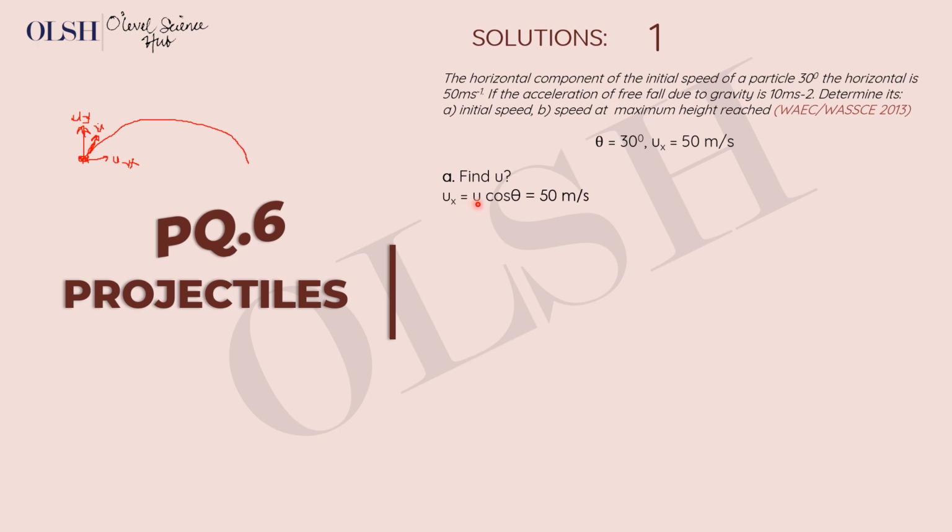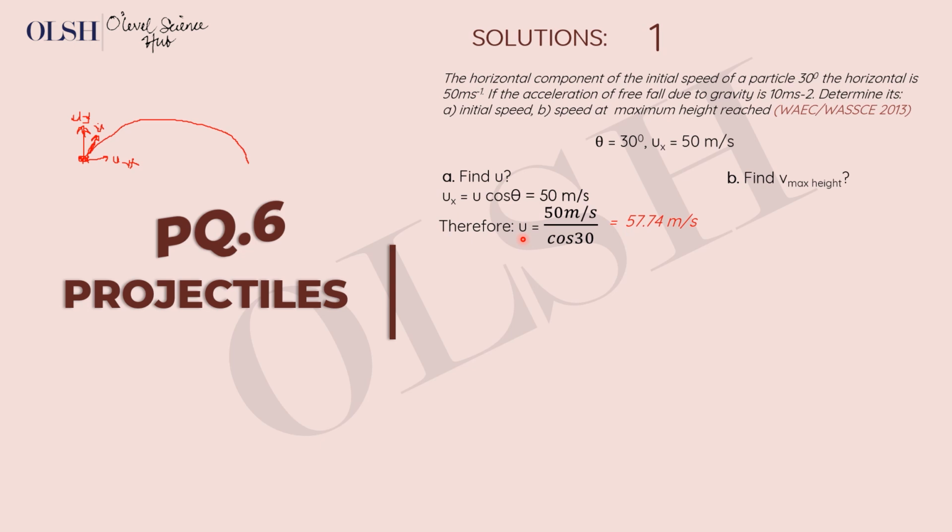So we can do u cos 30 degrees, and that will be equal to 50 meters per second, where 50 meters per second is the horizontal component of the velocity, ux. This is us replacing ux with 50 meters per second. If we make u the subject of the formula, because we're looking for u, we're going to have 50 meters per second divided by cos 30. If we do this, we're going to have our answer as 57.74 meters per second as the value for u, the initial velocity.